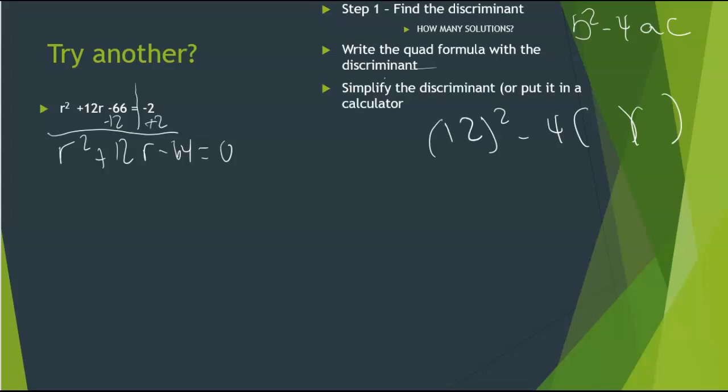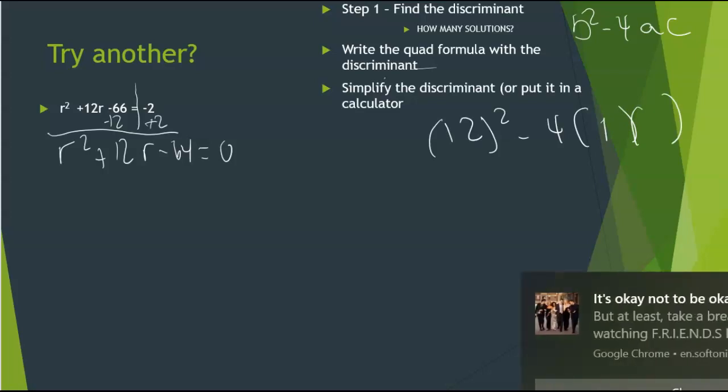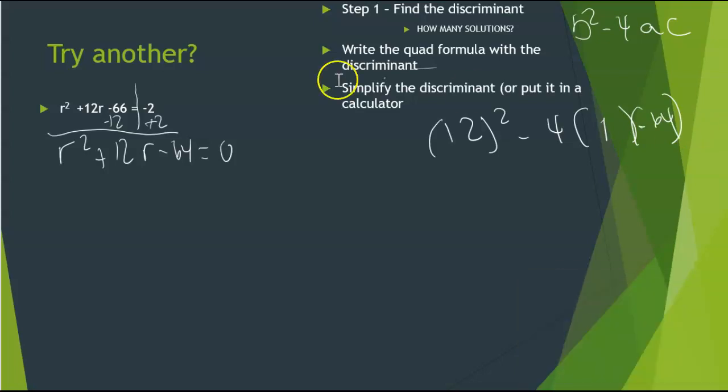B is 12, A is 1, C is -64. 12 squared is 144. 4 times 1 times -64 is -256.